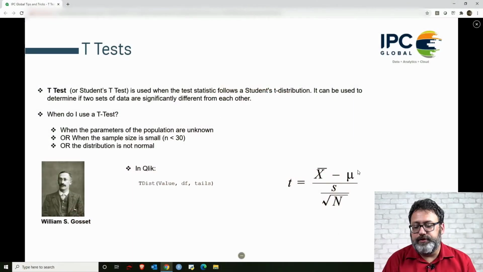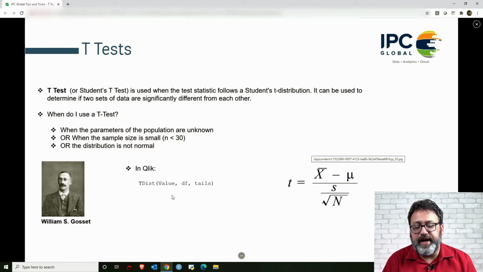And this is the formula for a t-test. So we're taking the average that you're analyzing, subtract by the average of the group you're comparing to, and then you divide it by the standard deviation divided by the square root of the number of elements. It seems complicated, but it's a very easy formula to apply.